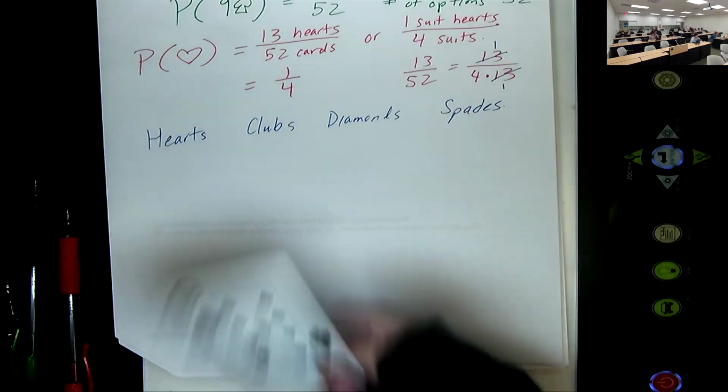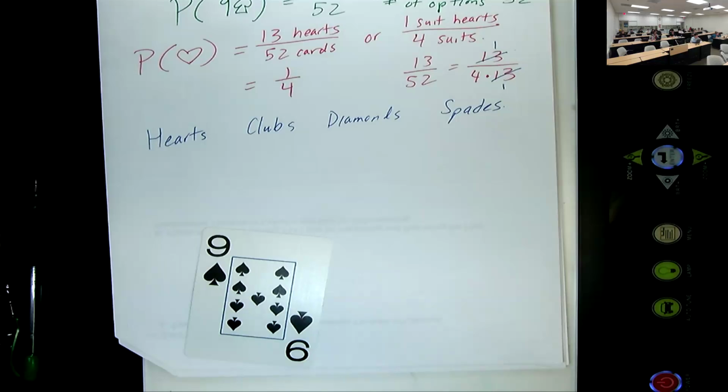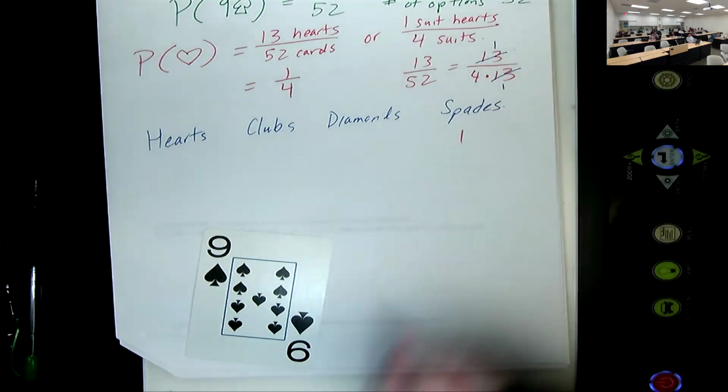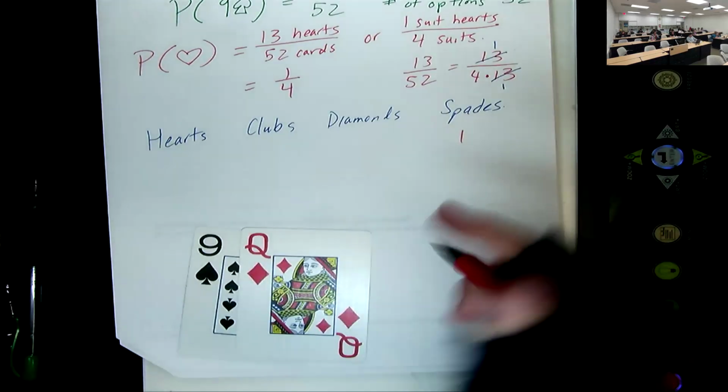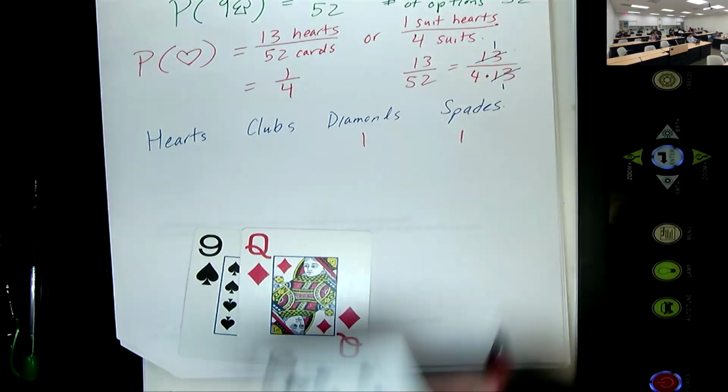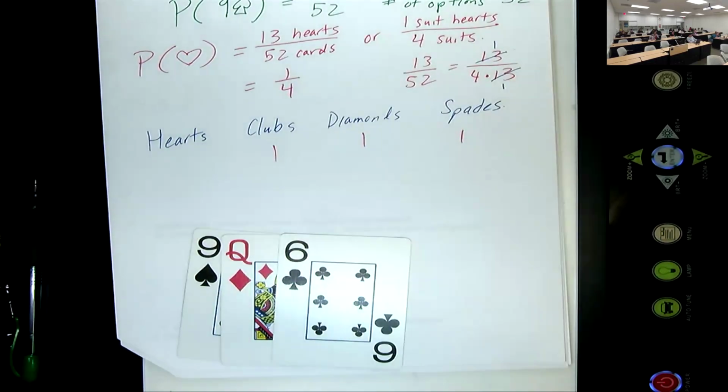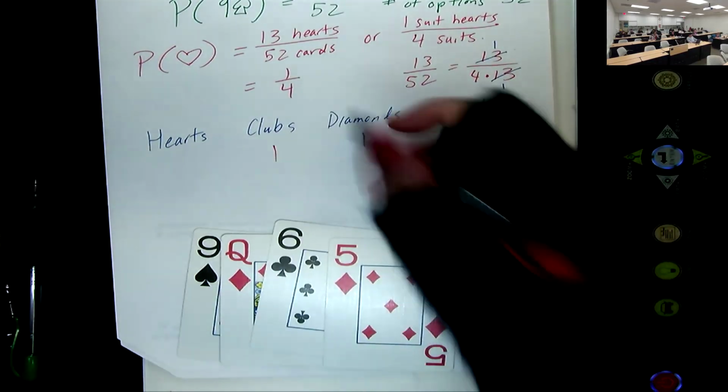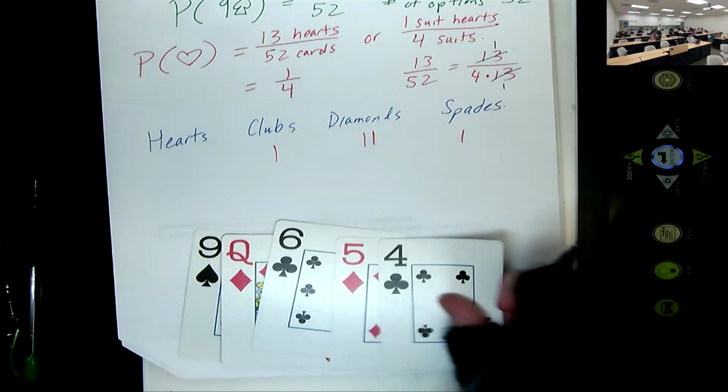Alright. First one, holy shit, oh. I shuffled these right now and it was near the bottom, like. Alright, so we got one spade. We got one diamond. We got one club. We got another diamond. Got another club.